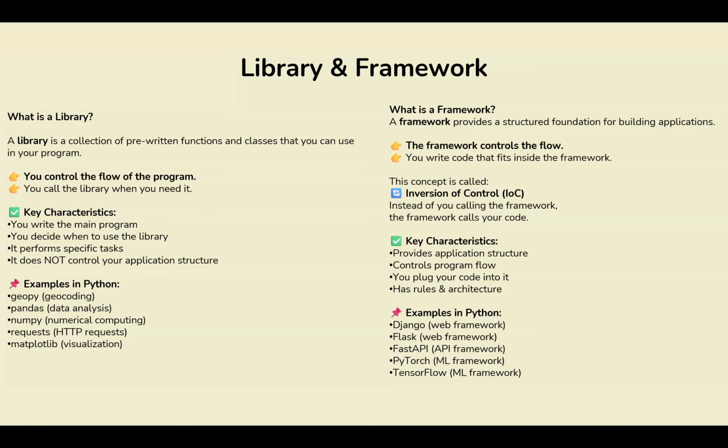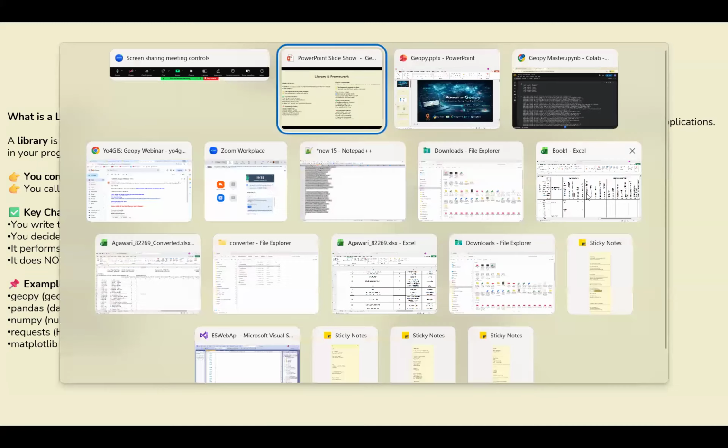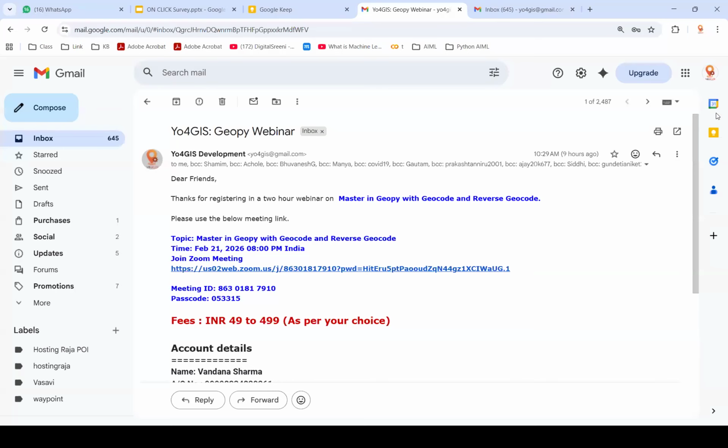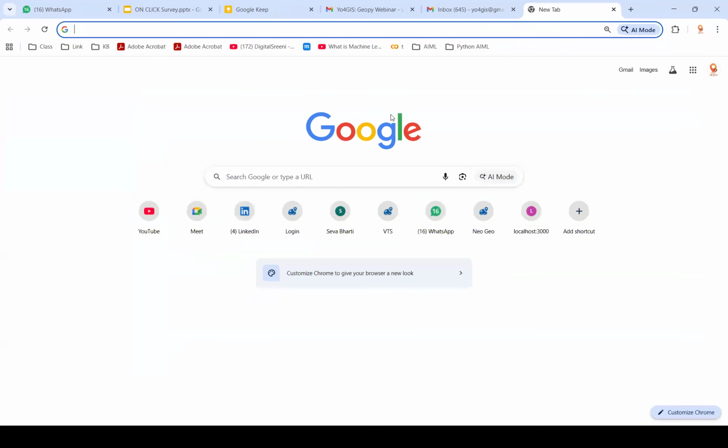It provides the application structure. In the library case, you can use the library anywhere in your program, but in a framework it is not like this. The framework gives you the structure, and whatever code you want to write, you need to write inside that particular template. Let me explain in more detail.